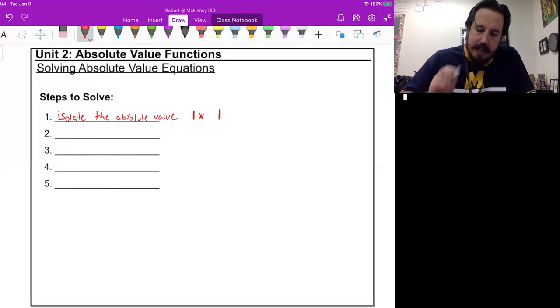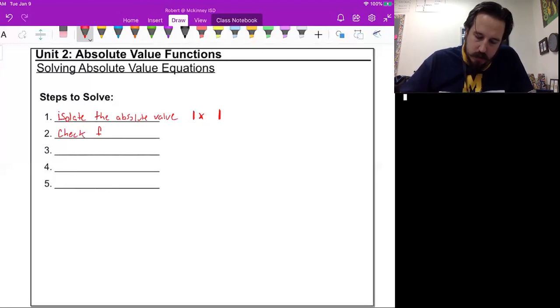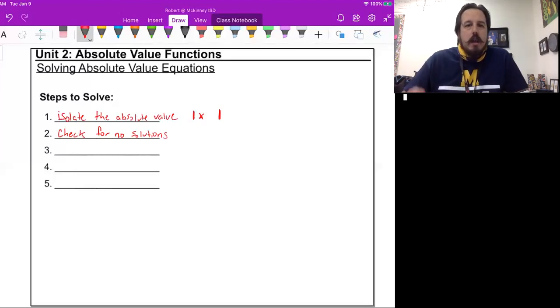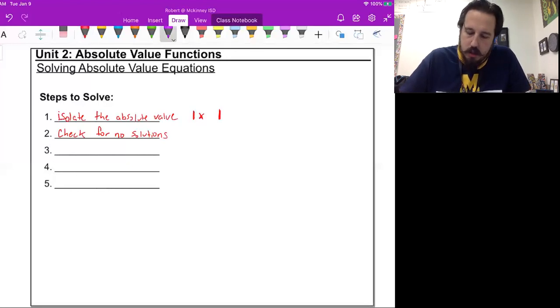Okay. The second thing that you do is you do a check for no solutions. We said before that absolute value means distance from 0.